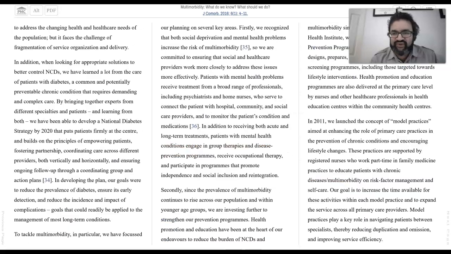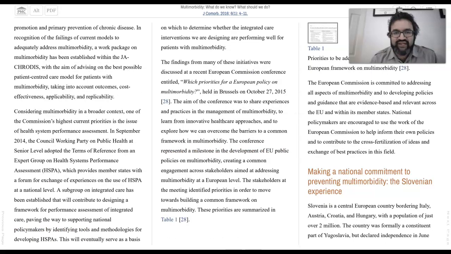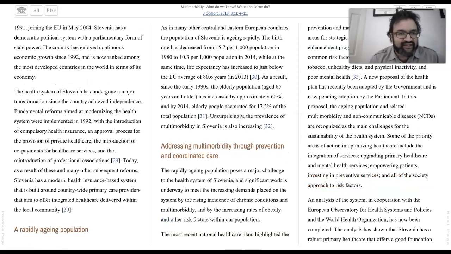So the rest of this article looks at some model practices that can really target multimorbidities. Which priorities for a European policy are for multimorbidity? And so there's various ways that this can be addressed.